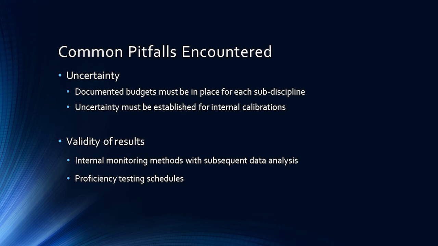This must be done according to predefined schedules and for all disciplines and subdisciplines contained within the scope of the accreditation. Labs experience problems in this area because of lack of a defined and managed internal tracking system. As well, failure to create schedules to ensure proficiency testing is conducted leads to deficiencies.